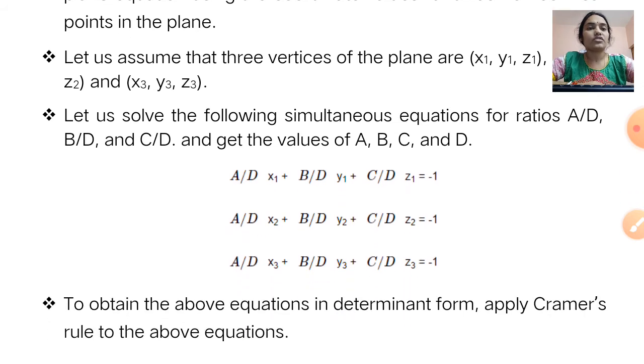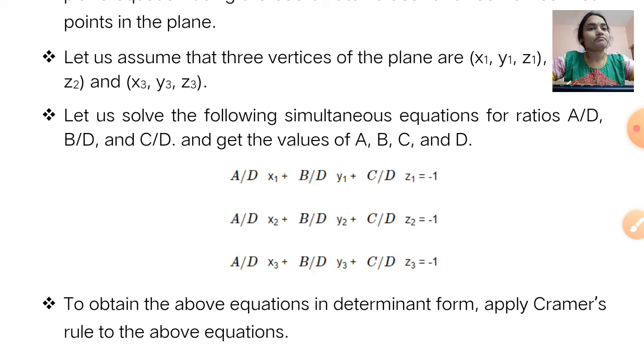The equations are: a by d x1 plus b by d y1 plus c by d z1 equals minus 1; a by d x2 plus b by d y2 plus c by d z2 equals minus 1; and a by d x3 plus b by d y3 plus c by d z3 equals minus 1.